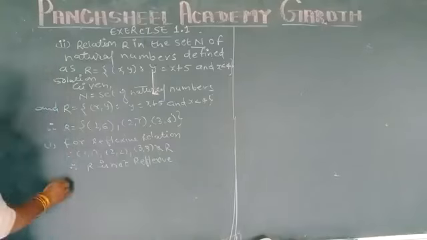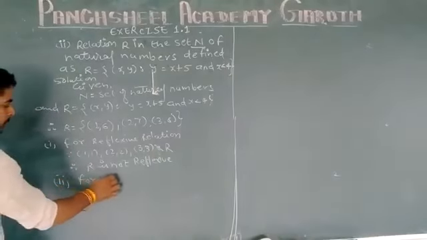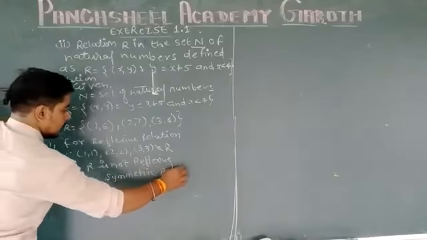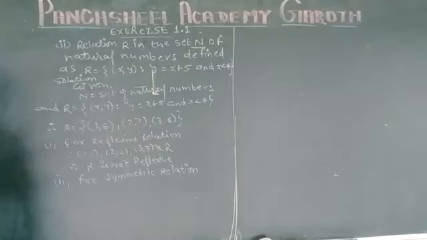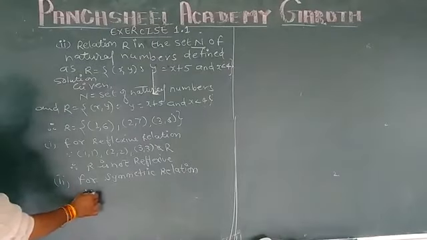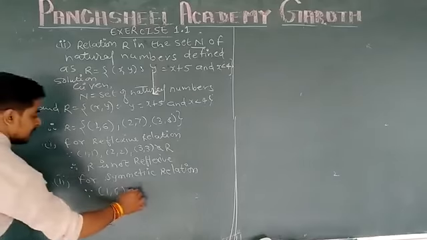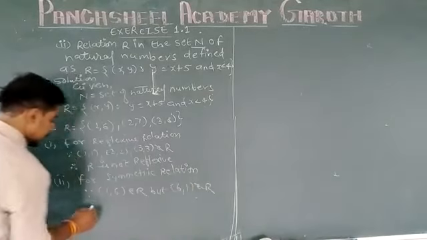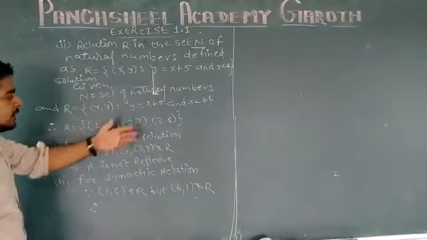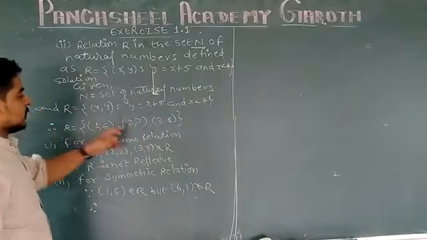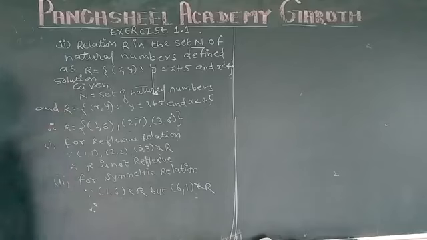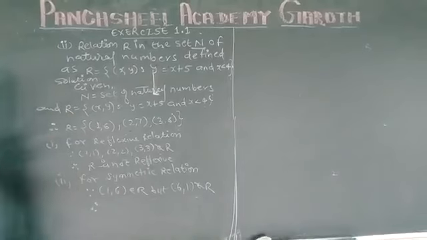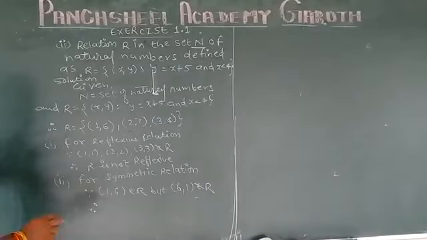In the second way, for symmetric relation: since (1,6) belongs to R, but (6,1) does not belong to R. We can also take the ordered pair (2,7), and the last ordered pair (3,8) is also taken and defined like this.